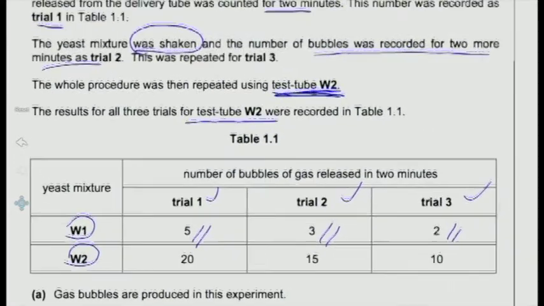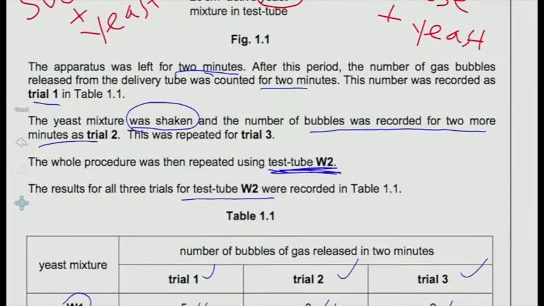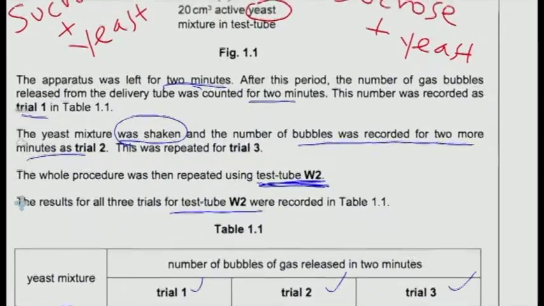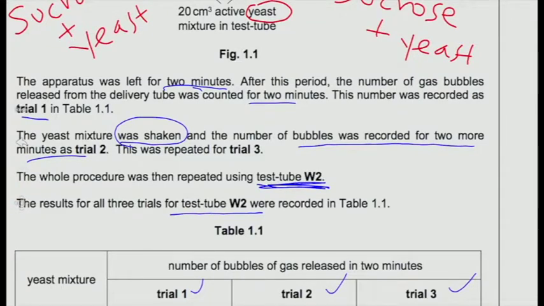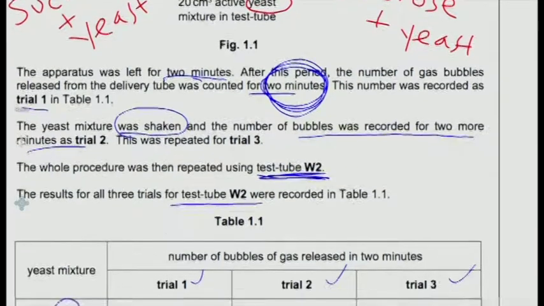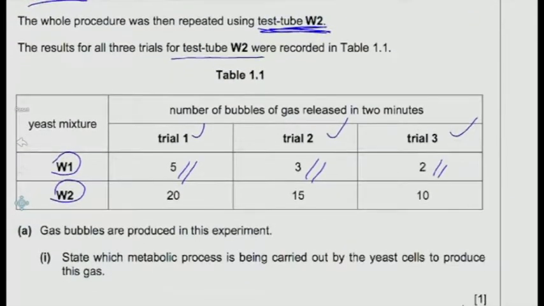The same 2 minutes which was underlined here. That's the waiting time before the observation, 2 minutes. And that's W1. W2 is test tube 2, the one which had been in the waiting list for W1 to finish, then W2 into the water.